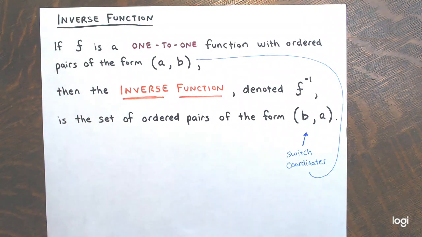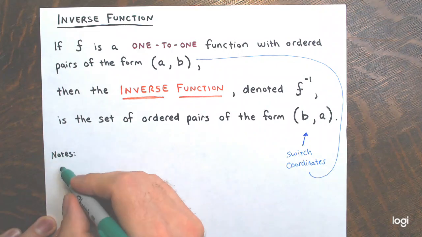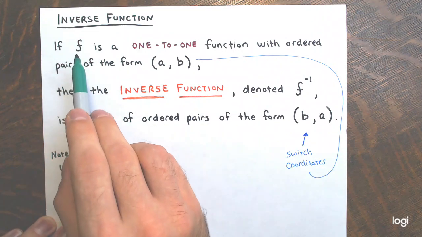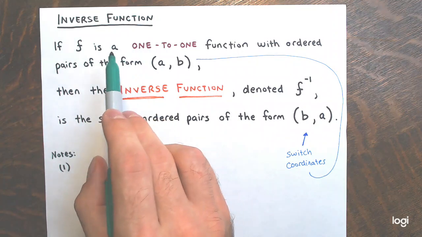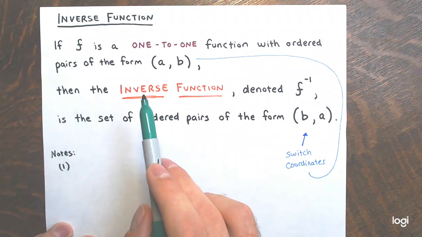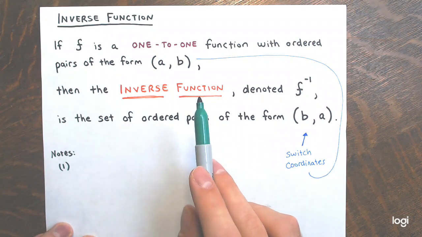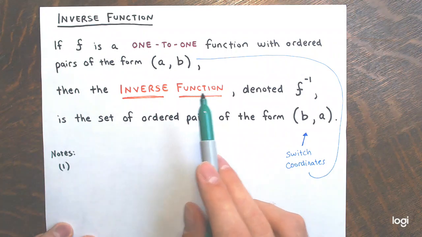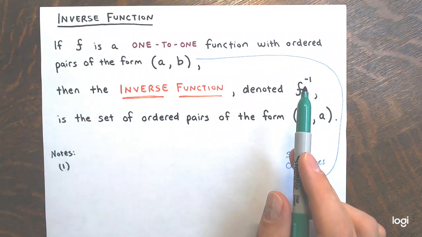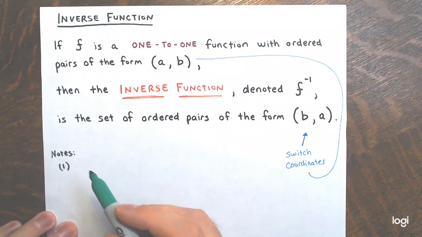Some important notes to make here. One, I mentioned right in the beginning of the definition, if f is a one-to-one function, then it will have an inverse that is also a function. Again, the word function is here, inverse function, meaning that in f inverse, every value of the domain will correspond to only one value of the range. It's still a function.